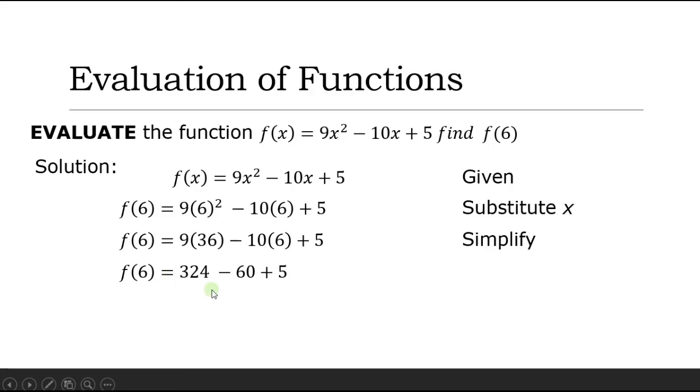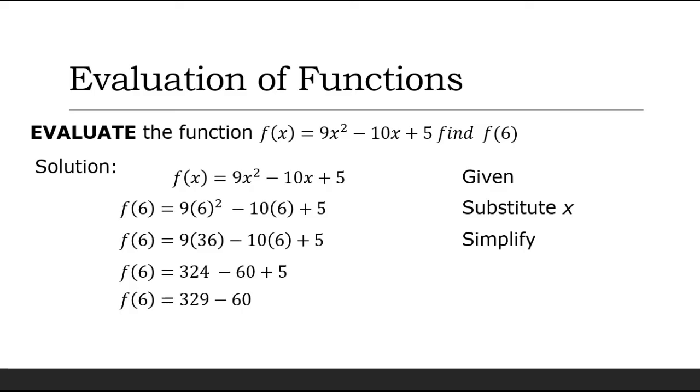So, since meron pa rin tayong mga need i-simplify, itutuloy-tuloy ang mga steps hanggang makuha ang sagot. So, 9 times 36 is equal to 324. Then, negative 10 times 6 is negative 60 plus 5. Now, don't get bothered here which operation you will take first. For this type of solutions or simplifications, my way of doing this is that I tend to combine all positive first before doing all negatives.